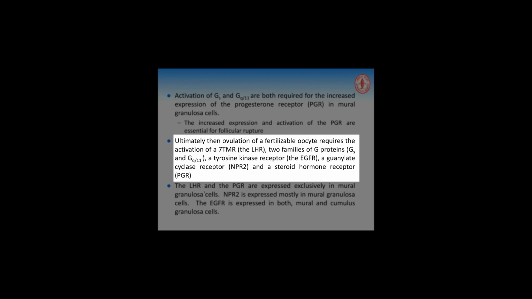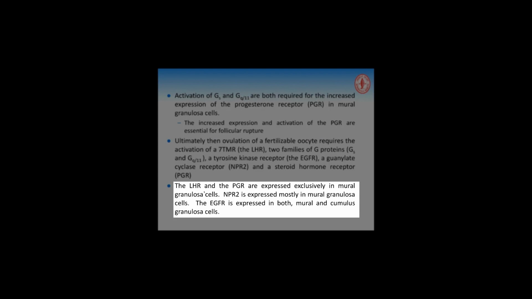Then ultimately, ovulation of a fertilizable oocyte requires the activation of one 7-transmembrane receptor, which is the LH receptor, two families of G proteins, GS and GQ11, a tyrosine kinase receptor, the EGF receptor, a guanylate cyclase, which is the NPR2 receptor, and a steroid hormone receptor, which is the progesterone receptor.